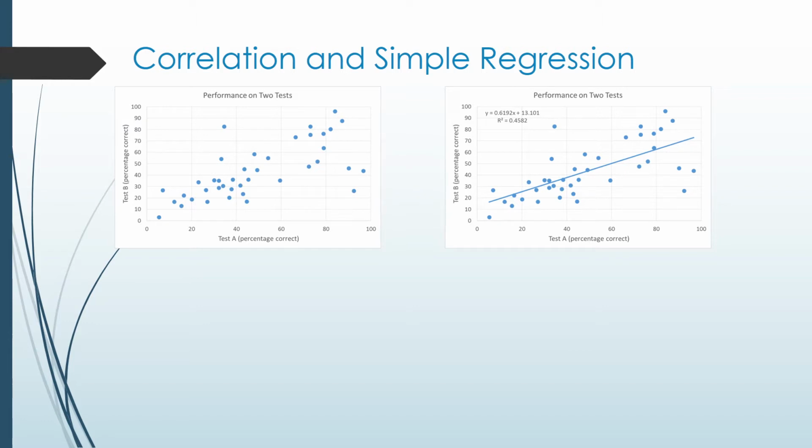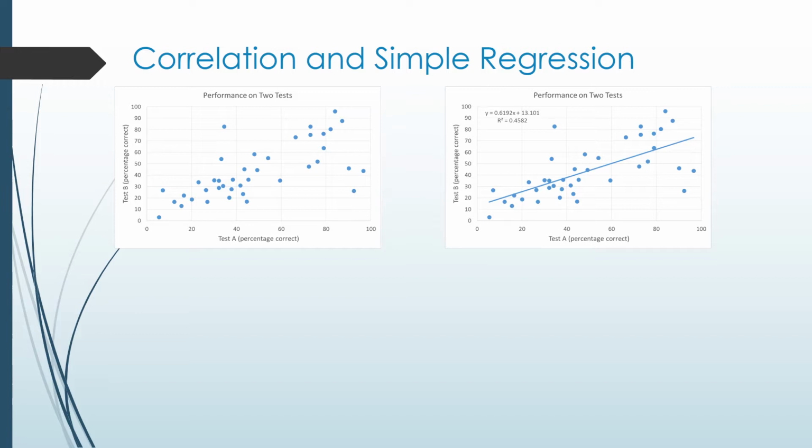In this particular example, we have test A on the x-axis and test B on the y-axis, and what's being graphed is each individual participant's score on each test. So each point on the graph represents a person, and their scores as a percentage of items correct on each one of the tests are plotted on each axis.